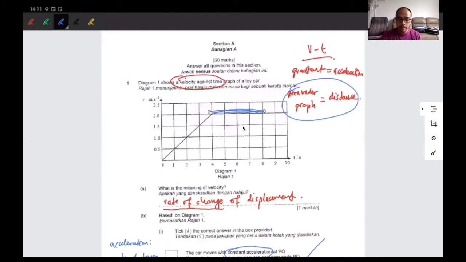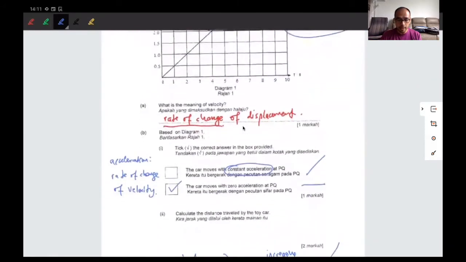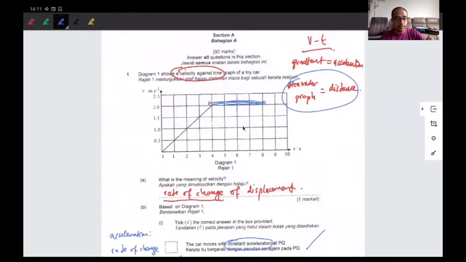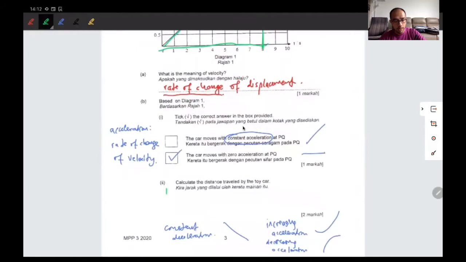Okay, so the distance is calculated by the area under the graph. If you take a look at the graph altogether, it is a trapezium shape lah. So the total area on the graph is a trapezium shape. Trapezium will be 1 over 2 ... distance. Distance is equal to the area under the graph.